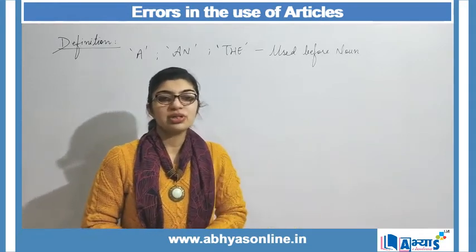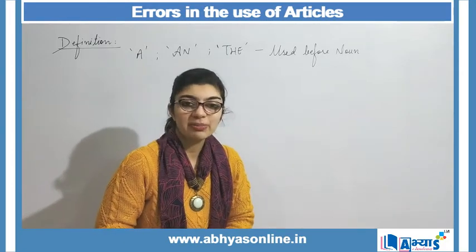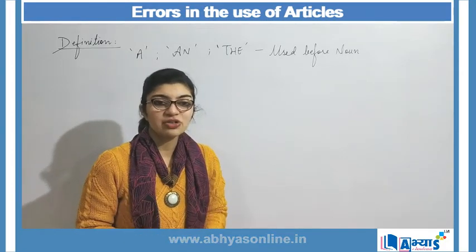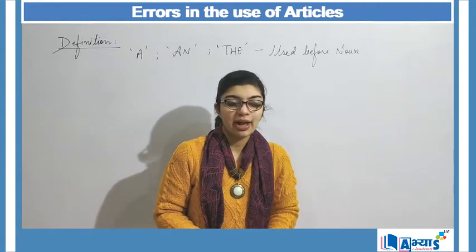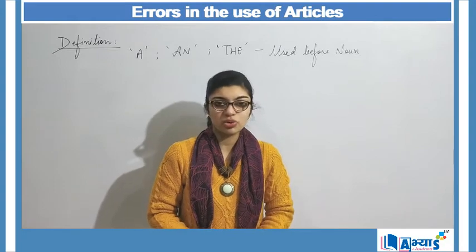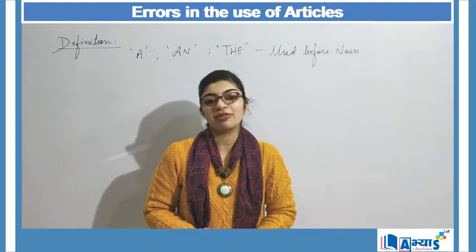So here we are going to discuss the various areas where people may go wrong, and we need to specially focus on those areas so that we avoid the mistakes by learning the rules and understanding every concept.